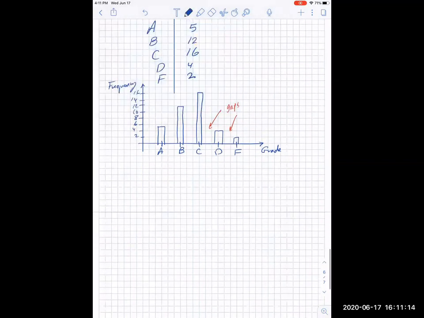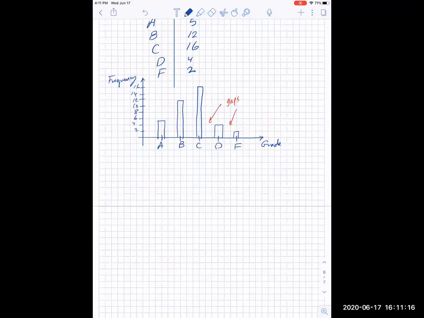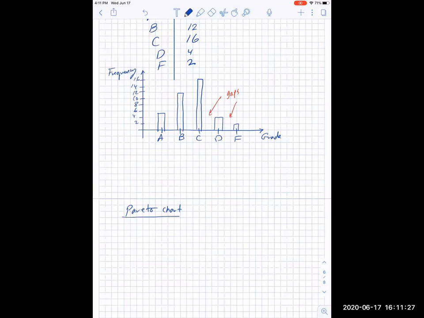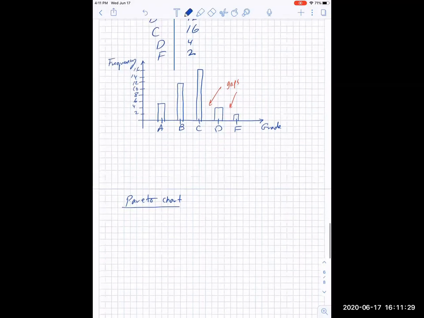Okay. Now, a Pareto chart is very similar to a bar graph, except the bars are ordered from highest to lowest.